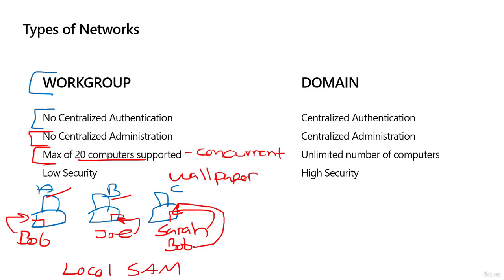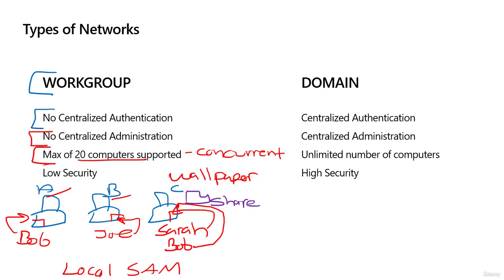Let's say on computer C, we have a folder and I want to share this folder. So I'm just going to label it as share for now. But I want users on other computers to be able to connect to this share. Well, the limit that Microsoft imposes is you can have no more than 20 users connected to this share at one time.